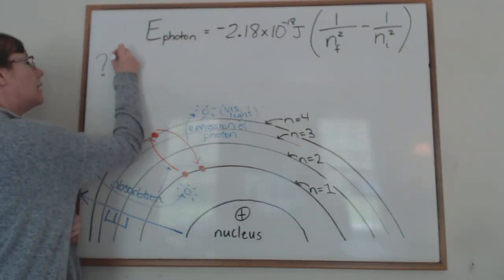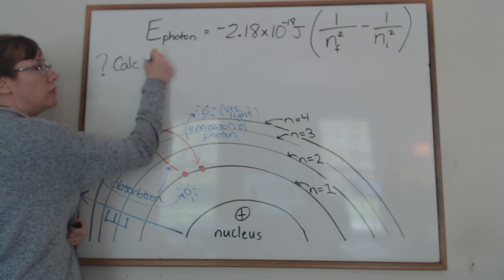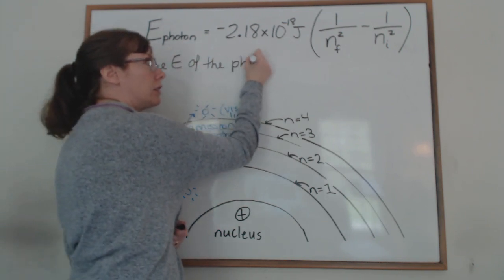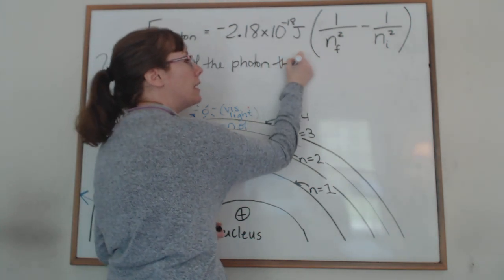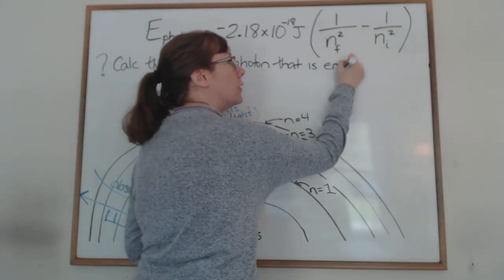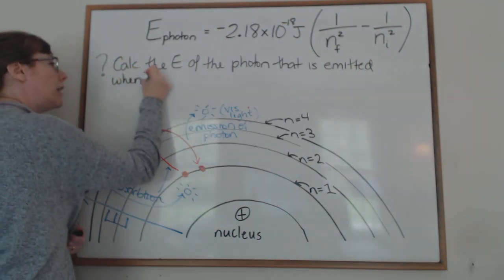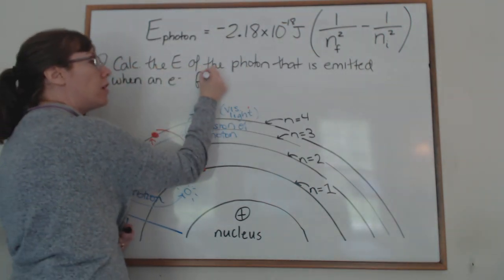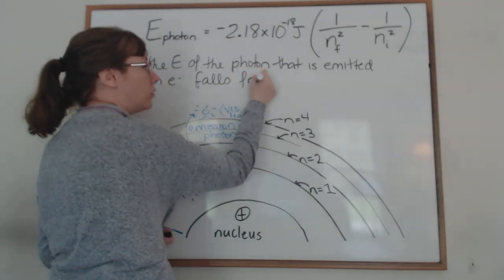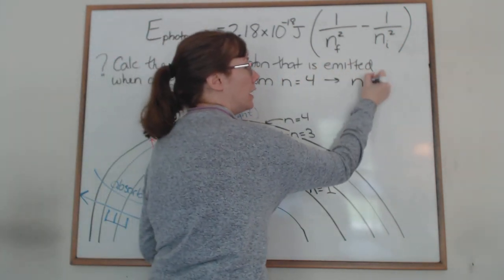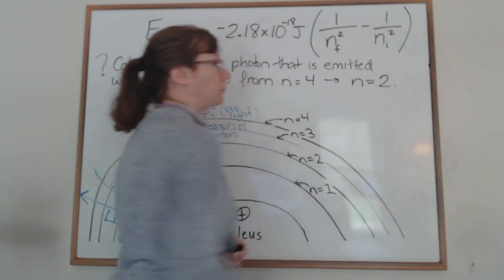Can you calculate the energy of the photon that is emitted when an electron falls from n equals 4 to n equals 2?